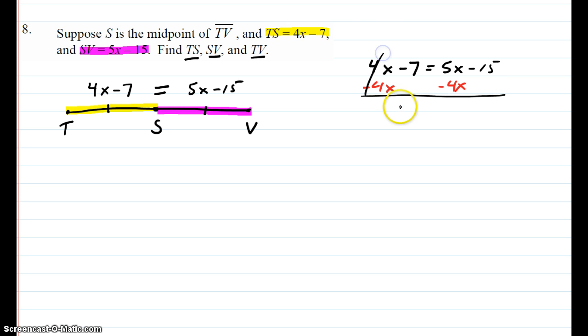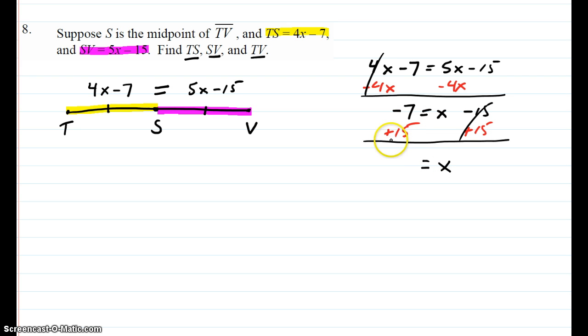So this goes away, and I'm left with negative 7 equals x minus 15. Now let's move the 15 to the other side. So we do the opposite. We add 15 to both sides. So that goes away. On the right-hand side, we have x.